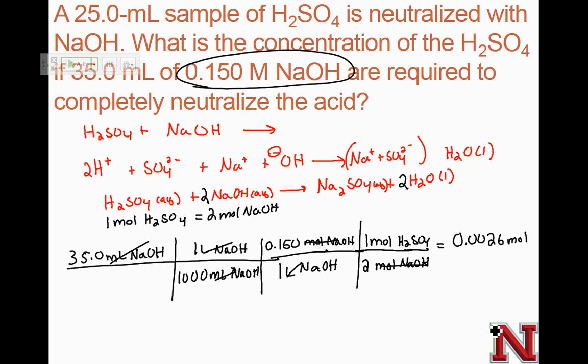I want to know my concentration, but I know how much volume of H2SO4 I have, and my molarity is moles over liter. So I know my volume, but I need my volume in liters. That's milliliters. So I need it in liters.